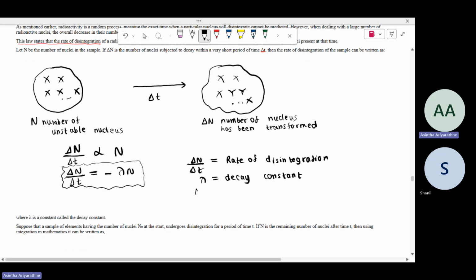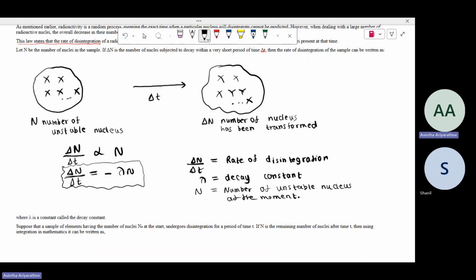And n is the number of unstable nuclei at the moment.